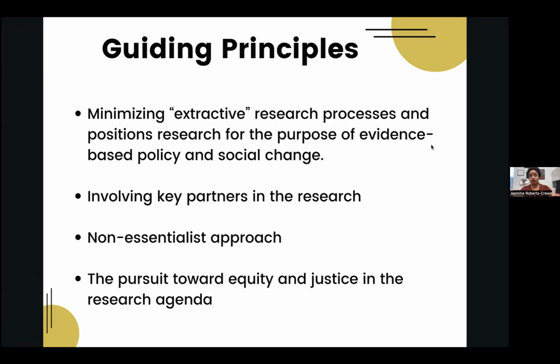So when we are trying to center a DEIJ lens in our research process, we want to keep in mind that we're not just taking from the communities that we are researching, that we're not just being, as you see here in quotes, extractive in the way in which we are engaging in this process.